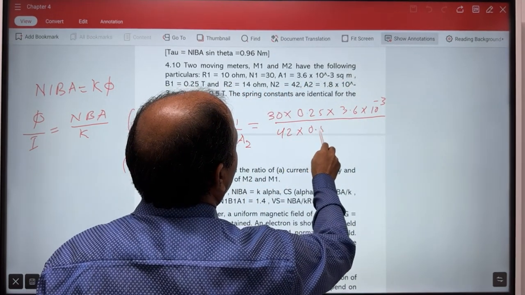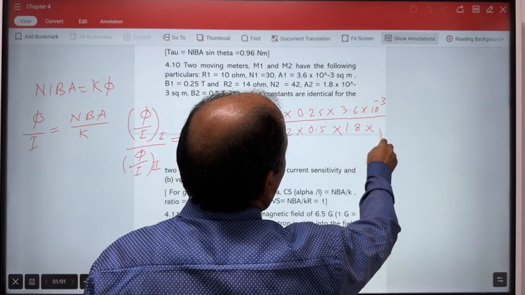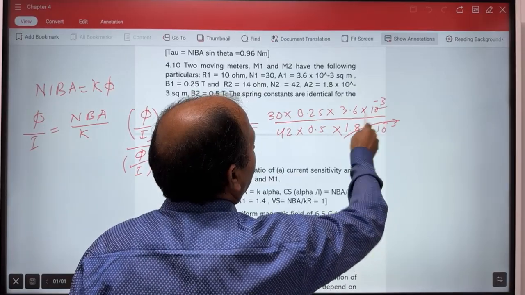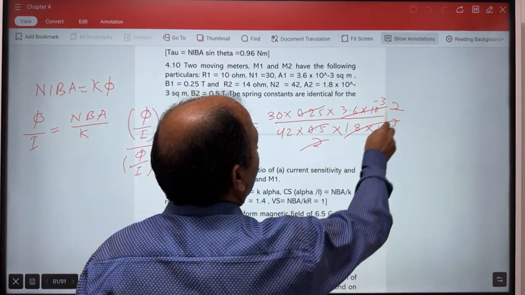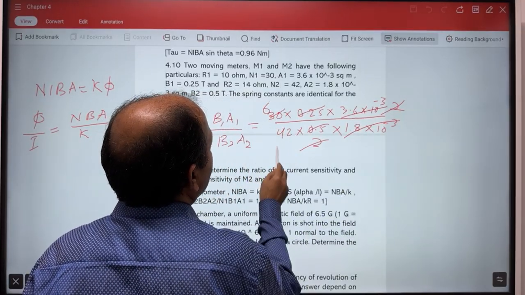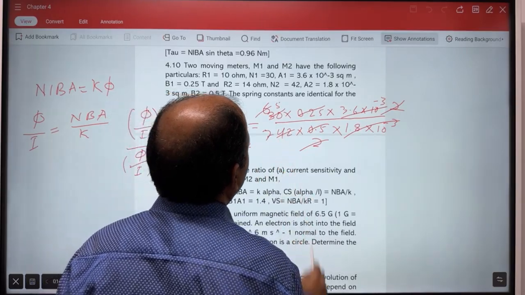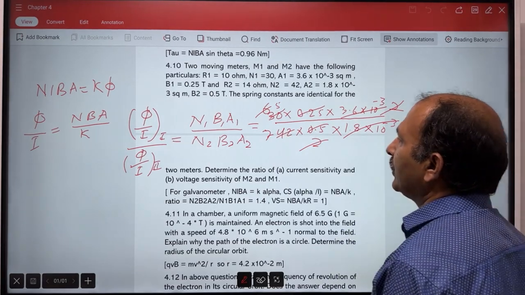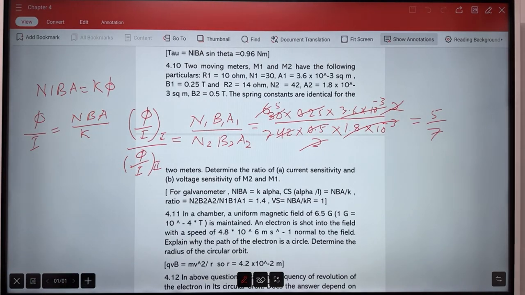B2 is 0.5 into A2 1.8 into 10 to the power minus 3. So here these two will cancel out by twice. So 2 will cancel out. Then here 5 6 times, sorry, 6 5 times, 6 7 times. So we will get ratio 5:7. So we have got the ratio of current sensitivity of first to current sensitivity of second.